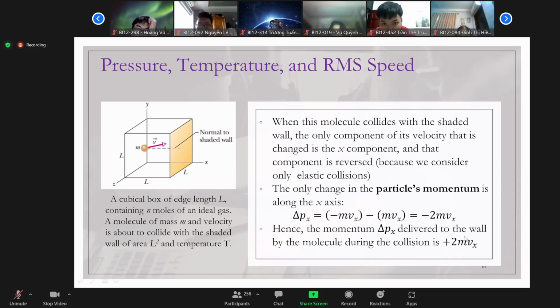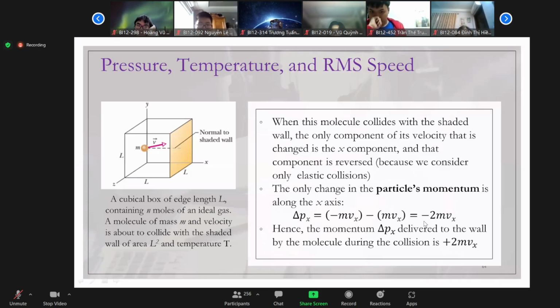I mean, this slide's delta px has the minus sign, but the next slide doesn't. No, actually when we consider the change, the momentum will have a minus sign, because we consider the direction.